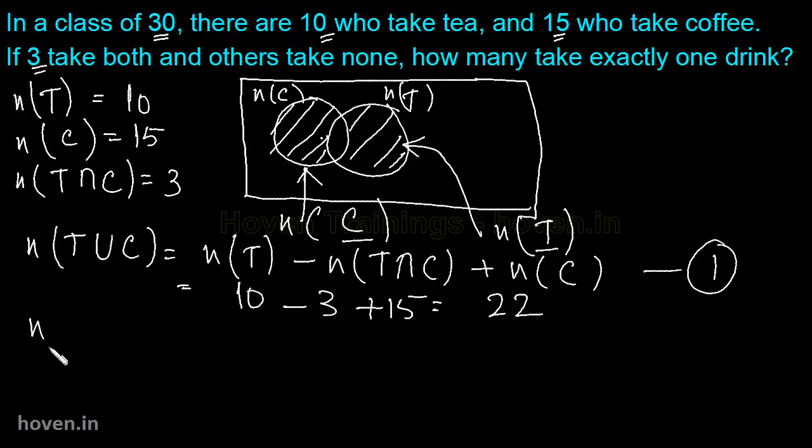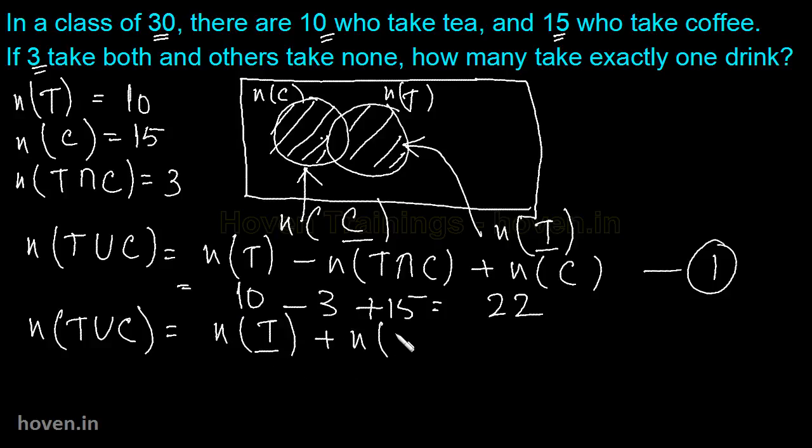And I also know now I have to find these. So it means I have to hook the second equation. The second equation says NT union C is equal to NT underscore plus NT intersection C plus NC underscore. Okay, NT union C I have found here as 22. So whatever is available, write it here.